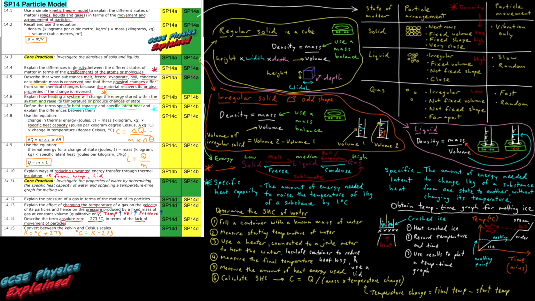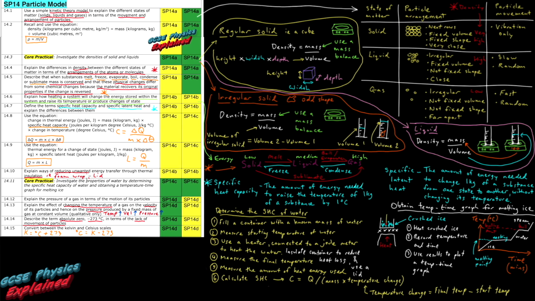So if you know how much energy you're putting into a liquid or a solid, and you know the mass of the liquid or solid and how much it's changed its temperature by, then you'll be able to work out what the specific heat capacity of the solid or the liquid is. Use the equation Q equals m times L. So that's the amount of thermal energy needed for a change of state, and that's the mass times the specific latent heat.